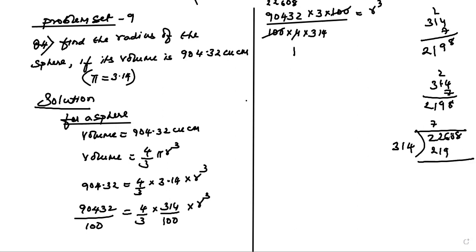So when you do it, 16 minus this is 7, 1 minus 1 is 0. Okay, this is what you get, 7, 708. 314 is not going.